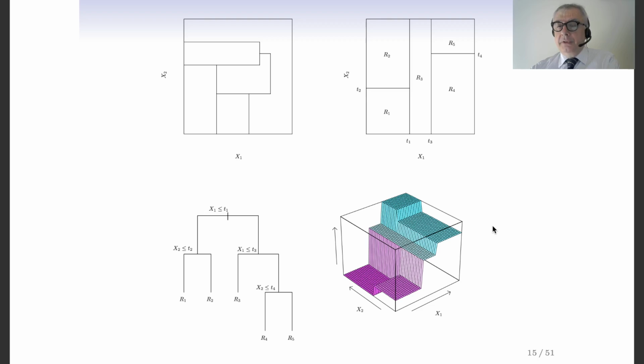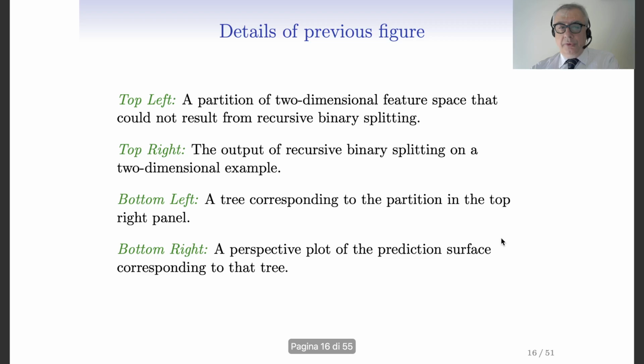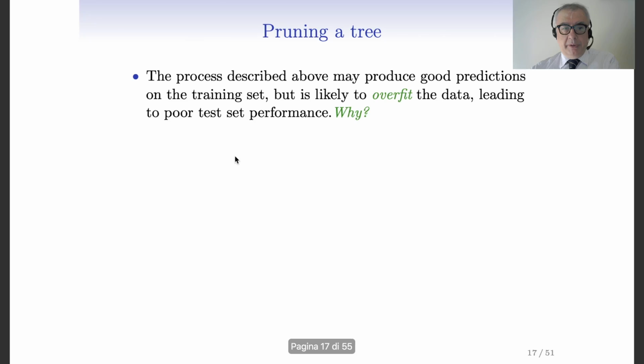So in this case, you would offer some prediction method that is well in accordance with the way they are accustomed to think about problems. So here are the details of the previous figure. I think that I have already explained everything, so we can go on without problems.